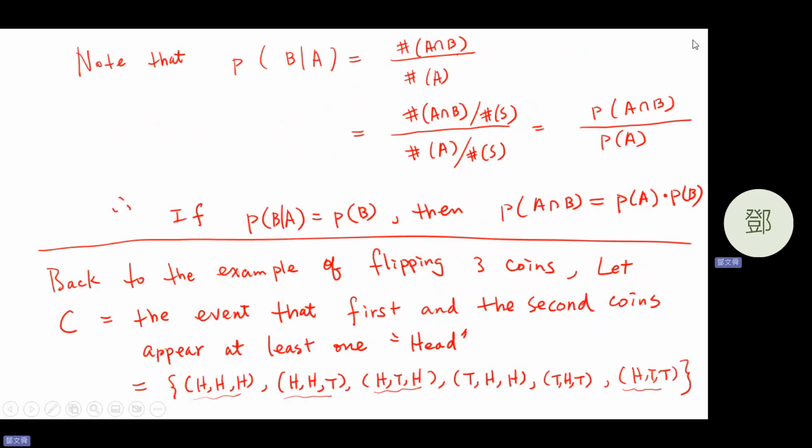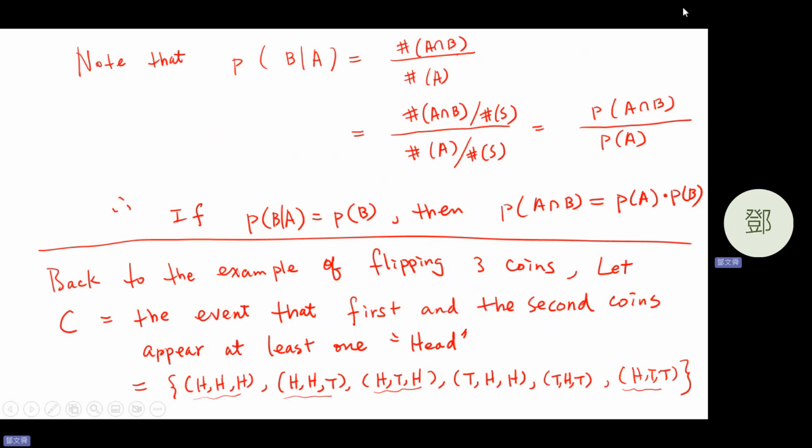Note that the probability of B given that the event A occurs is defined as the number of A intersection B over the number of A. Let us divide both terms by the number of omega.